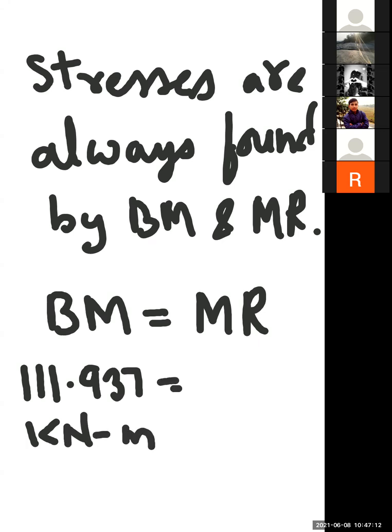And we know the moment of resistance formula. What is the moment of resistance formula? Either in compression or in tension.